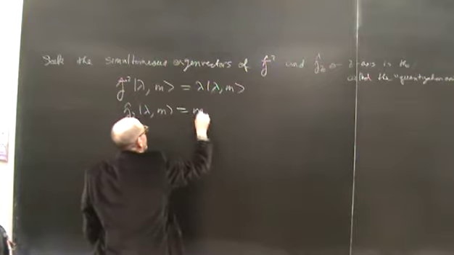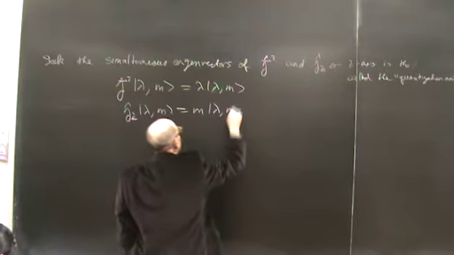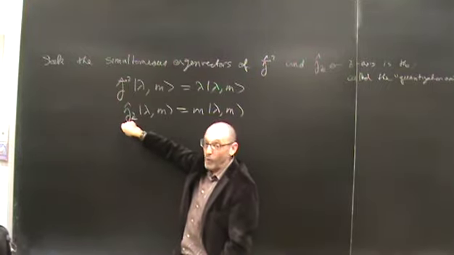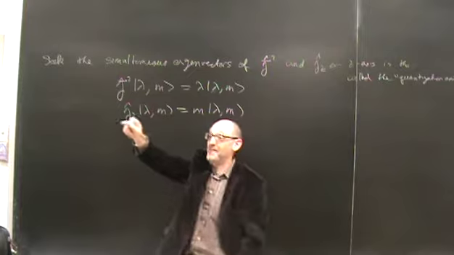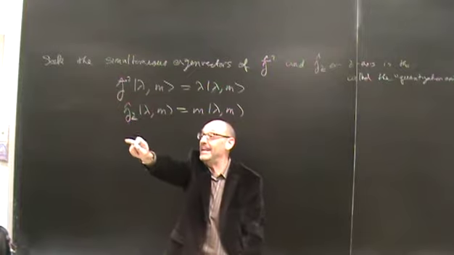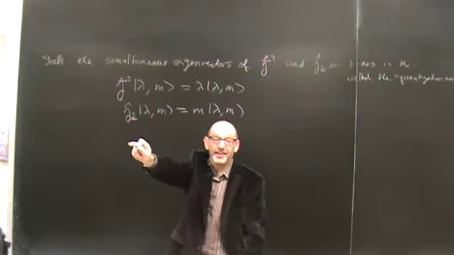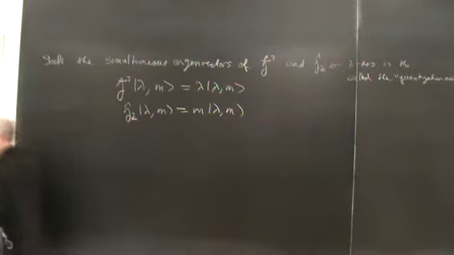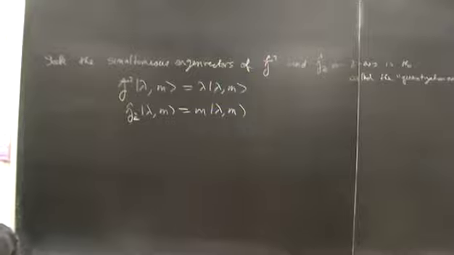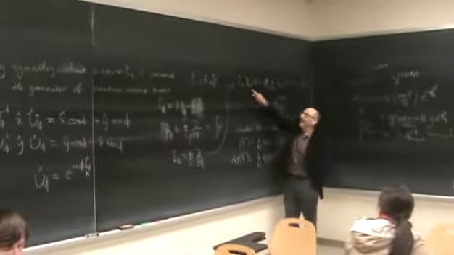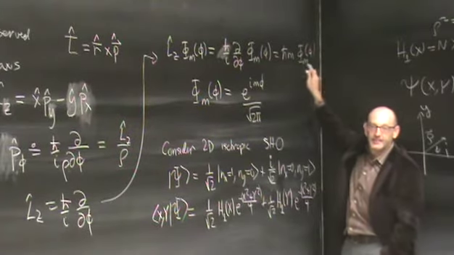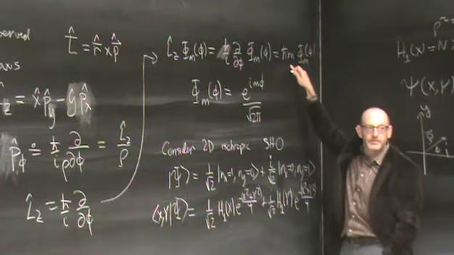Now we already know something about this, having done this. This was LZ in the context of orbital angular momentum. And we already found their eigenvalues. We just did it right over there using a differential equation, right? Just go back there for a moment. We saw just solving this equation, LZ on the eigenfunction, if I divide by h bar, is m times that. So those are the eigenvalues.